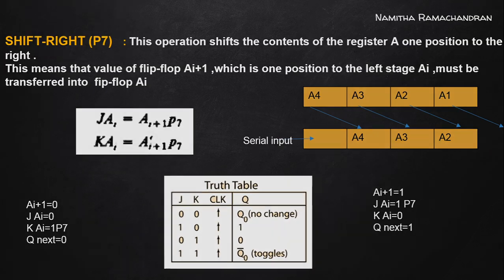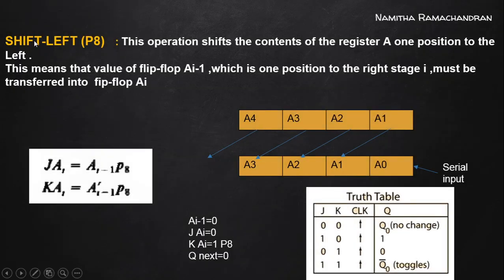The next case is exactly the reverse of the previous shift right. Now it is shift left. Shift one position to the left, and the vacant position in the LSB is filled by an external serial input value. This operation is controlled by the control variable P8.